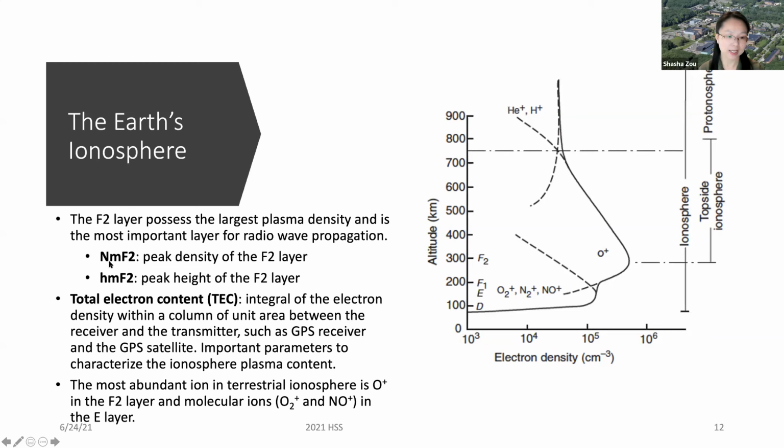For example, NMF2 is used to refer to the peak density of the F2 layer. So that is this peak density right over here. Now HMF2 is the peak height of the F2 layer. So that refers to the height whenever this F2 layer density reaches the peak. So those two parameters are often used to describe the F2 layer.